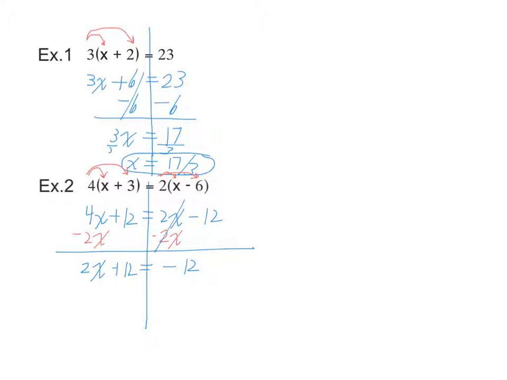Next, I'll subtract 12 from both sides, still trying to undo things around the x. And finally, I'll divide both sides by 2.